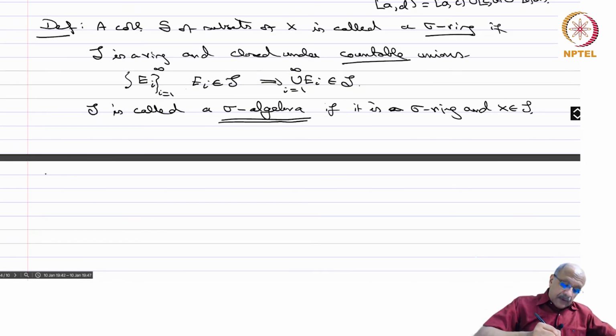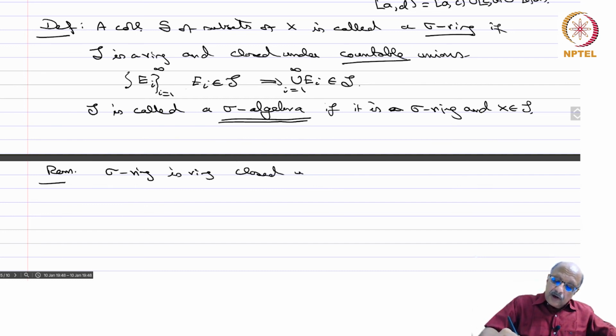So, remark again: a sigma ring is a ring closed under countable unions.